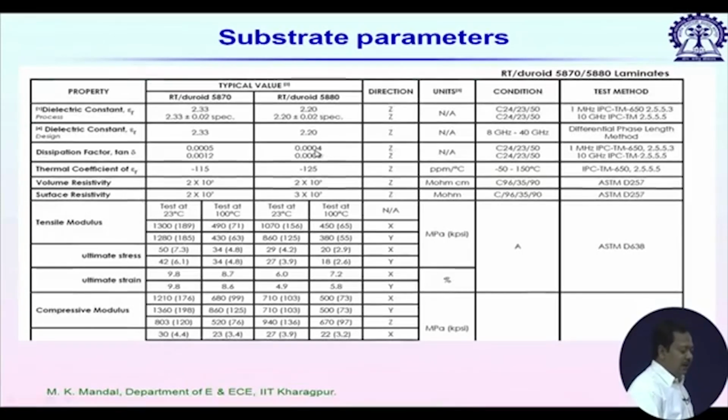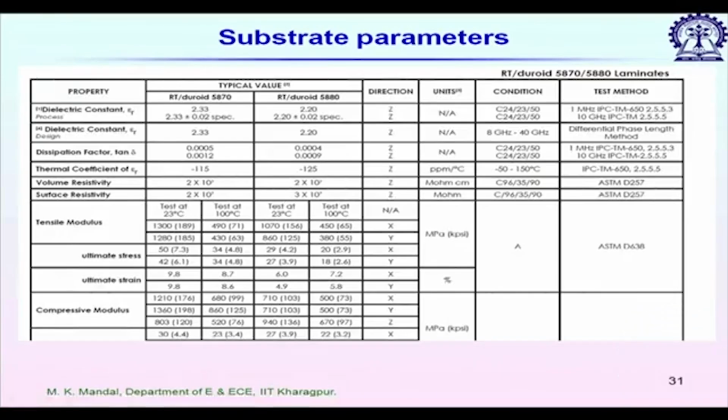There are many other factors, like the thermal coefficient of epsilon r. So, epsilon r is changing with frequency. Not only that, epsilon r is also a function of temperature. Consider any space-based application.